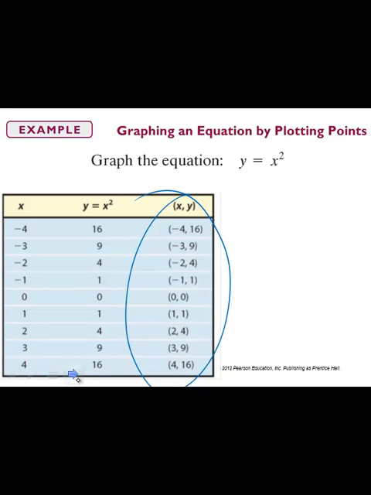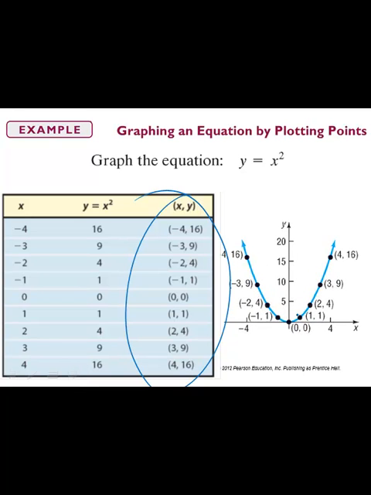Then we could plot those points on the xy plane, like you see here, those black dots, and then connect those dots with that blue curve, which, by the way, the shape of that blue curve is called a parabola.